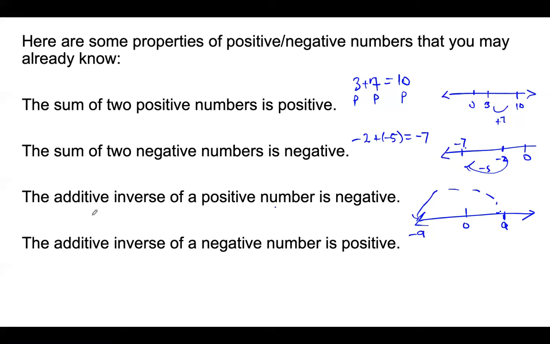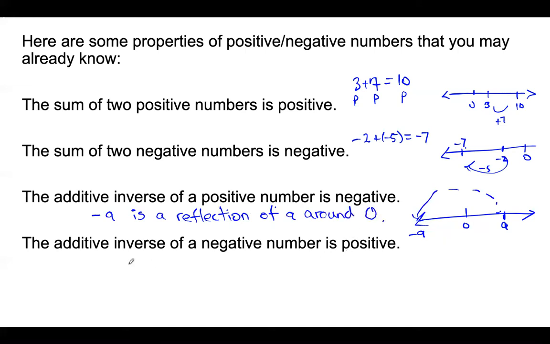So essentially, -A is a reflection of A around the 0 mark.